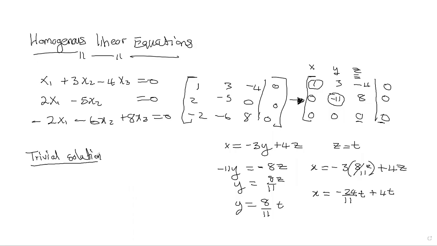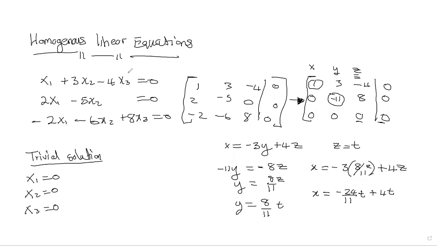And this trivial solution, when you look at the equation, it's just x1 is equal to 0, x2 is equal to 0, x3 is equal to 0. It will always work for all these equations. Look, if you replace x1 with 0 everywhere, the equation will be true. Even this one, even this one. So there is always a solution.